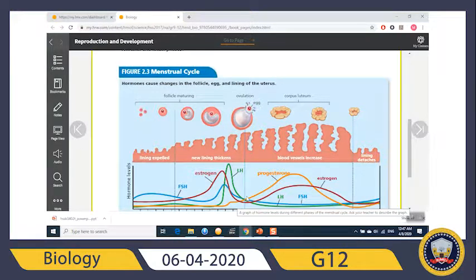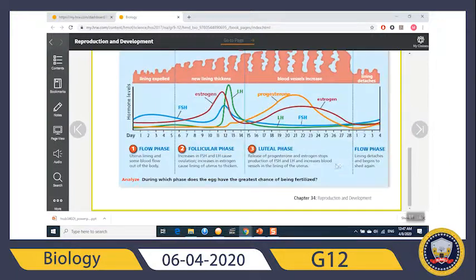We have a rise in progesterone, and estrogen at almost normal ranges will cause the follicle to rupture. The blood vessels here will increase, the lining will be very thick, and the egg is released from the follicle. The follicle will then become something called the corpus luteum. The corpus luteum, we'll talk about that later.